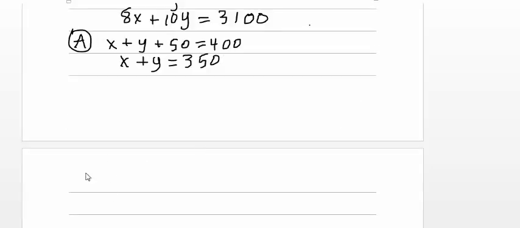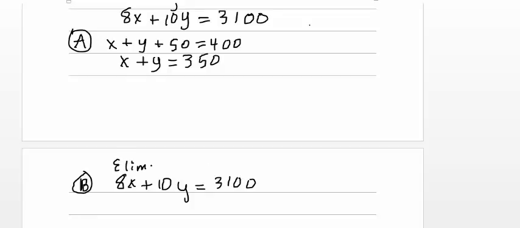Okay, so equation B is 8x plus 10y equals 3,100. Notice I'm going to eliminate y here. And equation A, I'll multiply that by negative 10 in order to eliminate y.